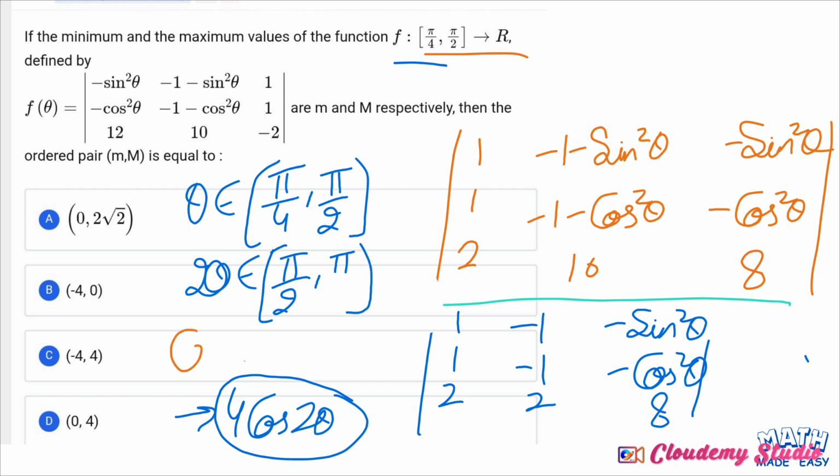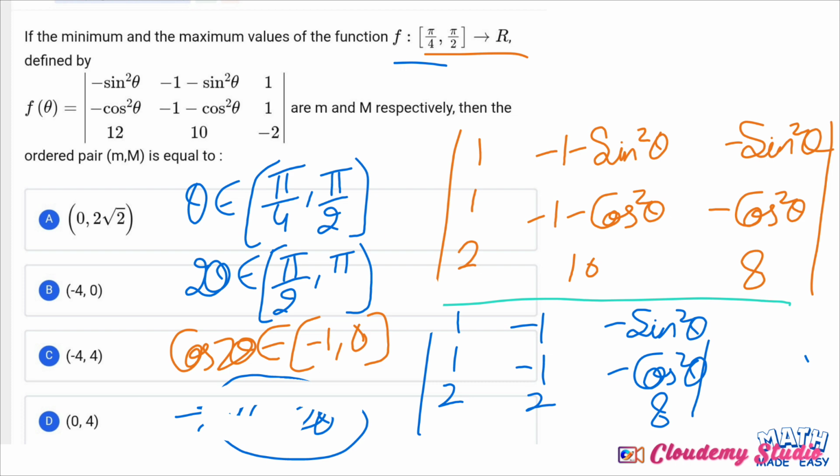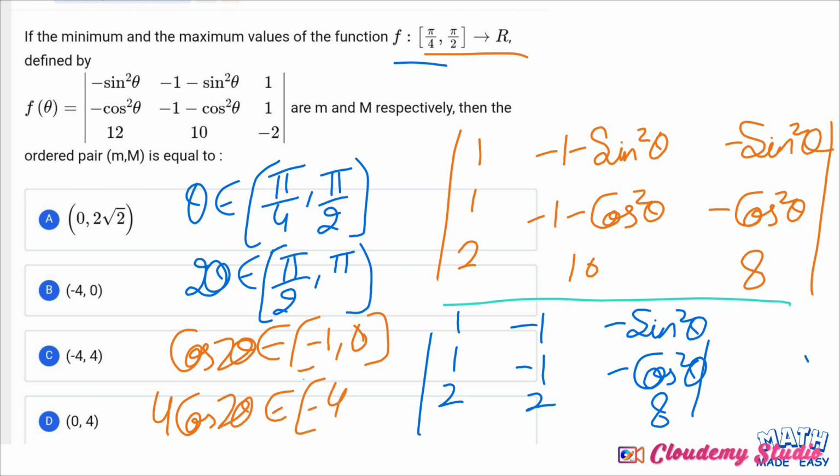So cos of 2 theta is from minus 1 to 0. Now 4 cos 2 theta is from minus 4 to 0. So minus 4, 0 is my ordered pair.